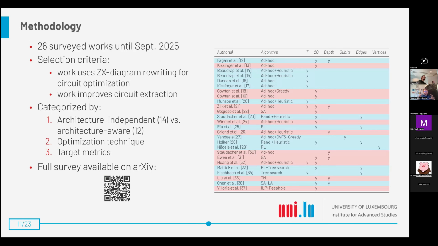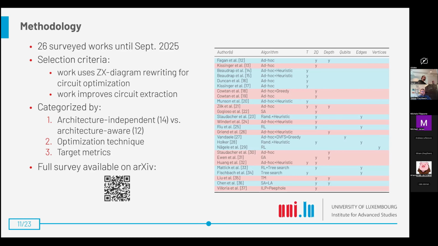Why I actually started out to create the survey, and what the selection criteria are: I looked at every work until September 2025, and I selected basically on 2 criteria. First, are we using ZX diagram rewriting to perform ZX-based quantum circuit optimization, or are we working on the circuit extraction itself to improve the circuit extraction?